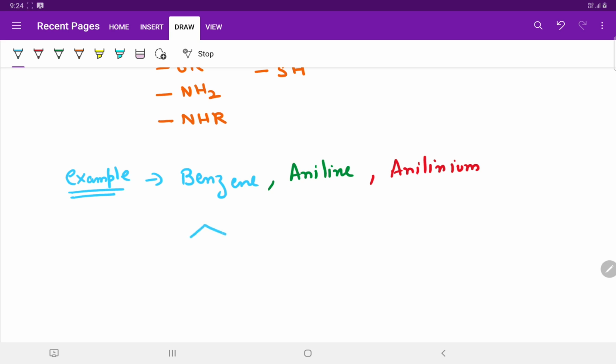The structure of benzene is like this. Then comes the structure of aniline. Aniline is substitution of benzene with an amino group. Just see here, attachment of an amino group. And lastly the anilinium ion. So this is the structure for anilinium ion.